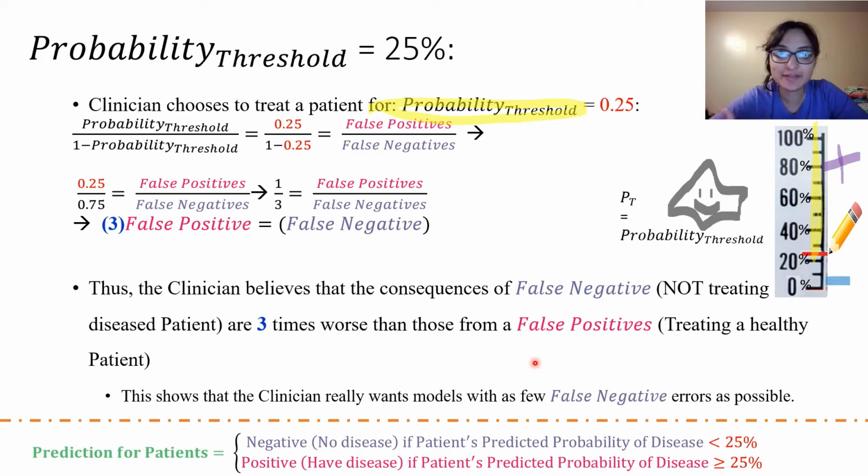But the benefit again from decision curve analysis is that that may not always be the case. So you want to be able to adjust your model based on your threshold, because you may not want to assign everyone to positive at 50% and above. You might want 25% or 10% or maybe 80%. But because this is below 50%, you can have a sense that false negatives are worse than false positives.